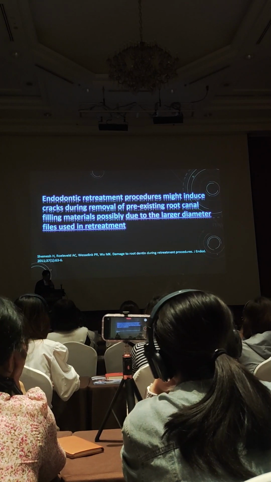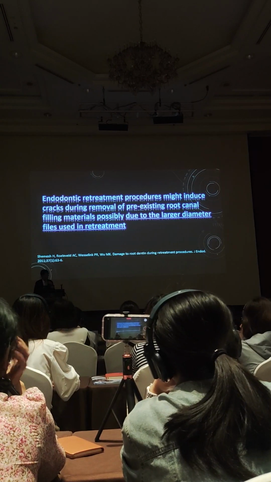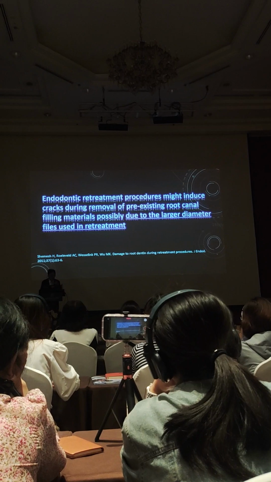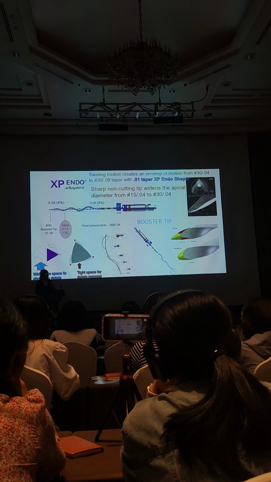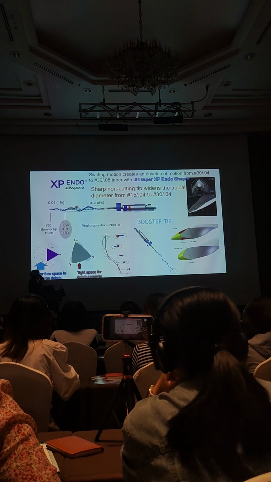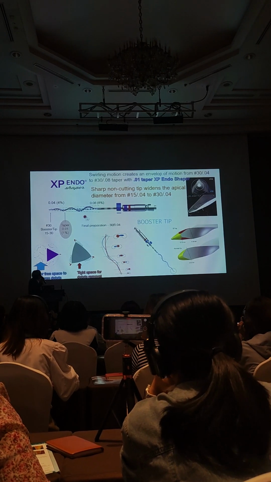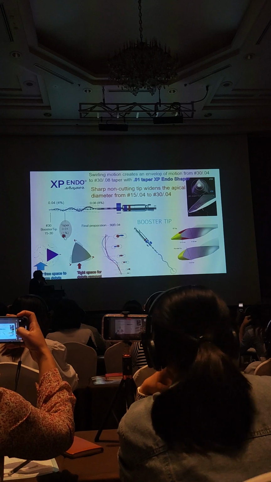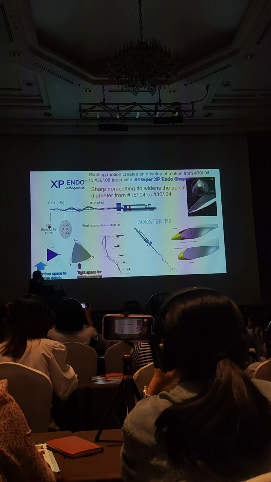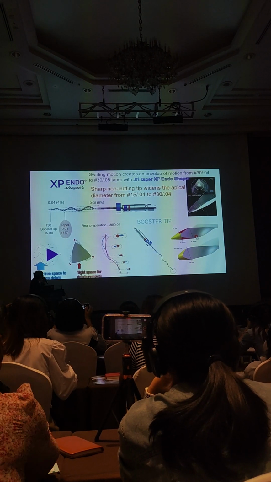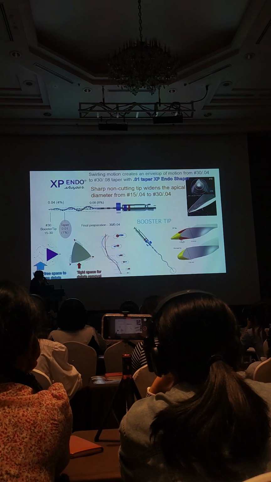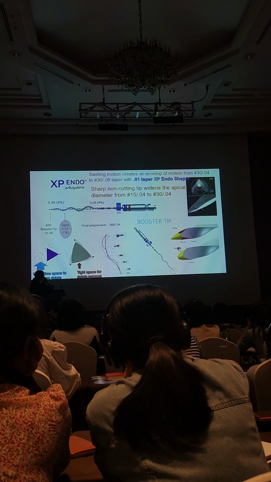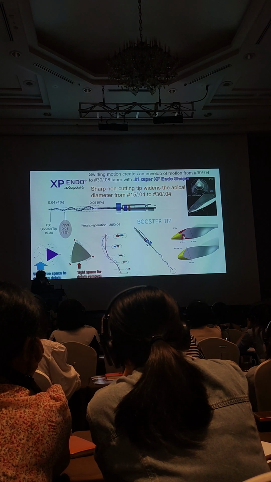So that's why I want to use the instrument with a small diameter and small taper, which is the XP Endo Shaper. The taper is only 1%, and the most apical part of the tip size is 15 or even smaller because of the delta form.